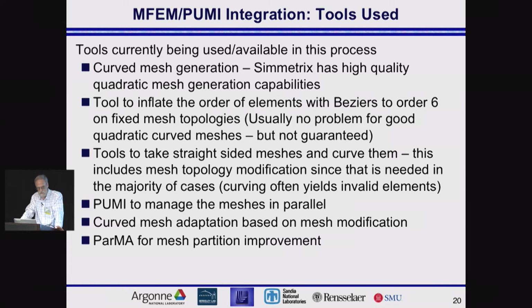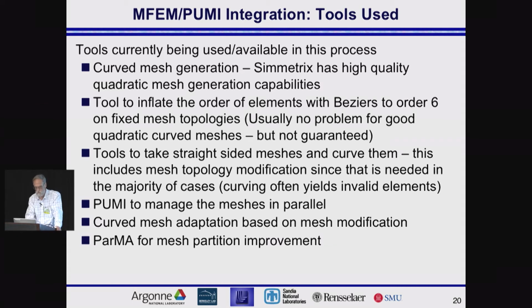The tools can take either a straight-sided mesh or one that's already curved, like the quadratic meshes that we can get, and will inflate the geometry. This is not only to curve to the boundary, but because the curving to the boundary in itself can turn elements inside out, particularly when starting with straight-sided elements. It also includes the topological modification operations, basically tools from the mesh adaptation procedures.